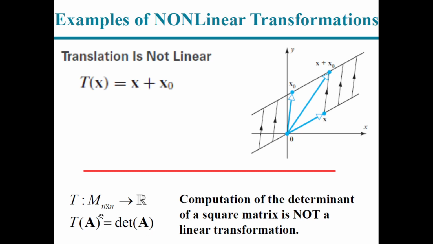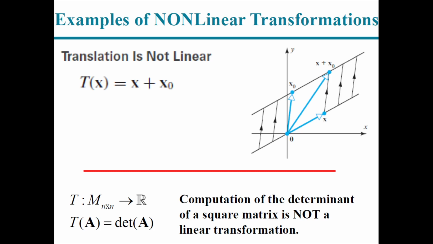What is interesting is to see that our transformation takes a matrix as input, and it transforms the matrix by some procedure. We know how to compute the determinant by now. It transforms the matrix into a real number. So it associates to our square matrix a real number, the determinant. That's a transformation, but it's not linear.